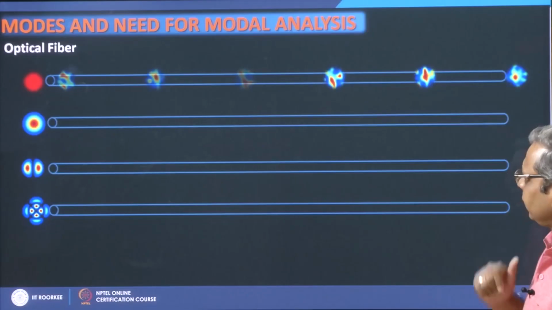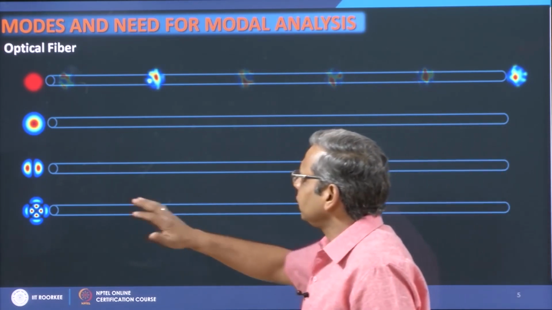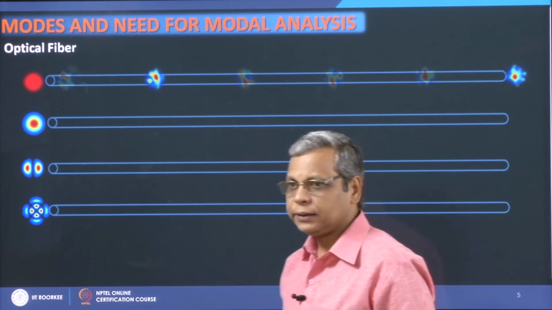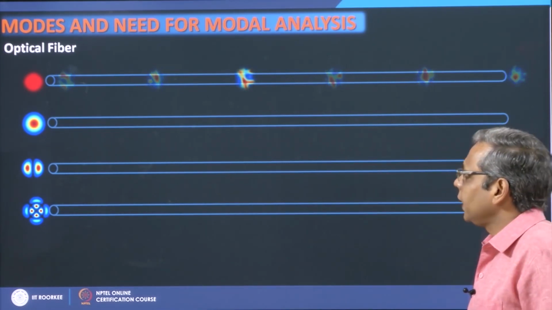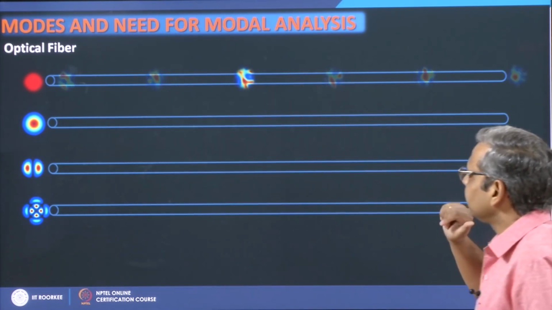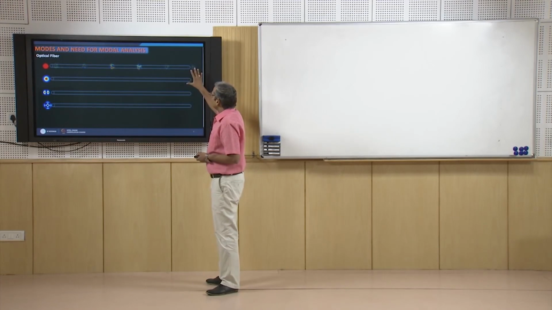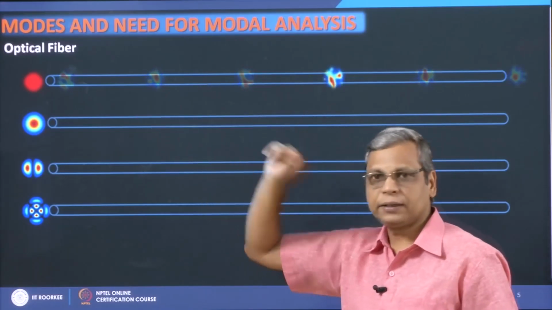These are some simulated patterns. If I launch some arbitrary intensity pattern in the fiber and I capture it at different lengths of the fiber, then I see that these intensity patterns at different lengths do not have any correlation with one another.